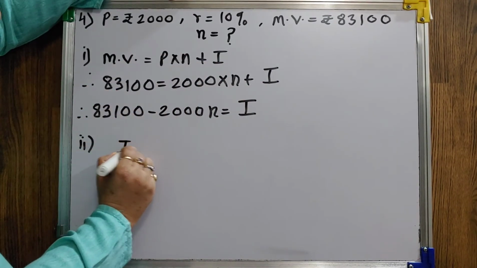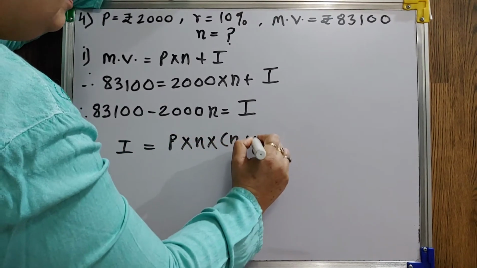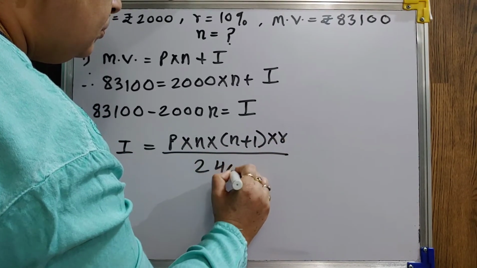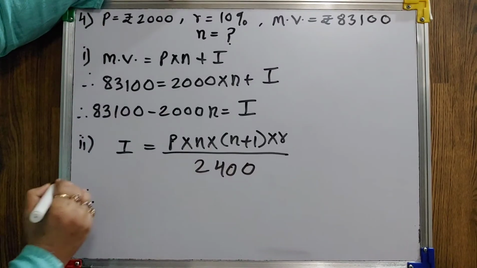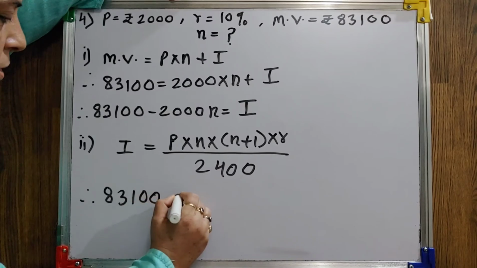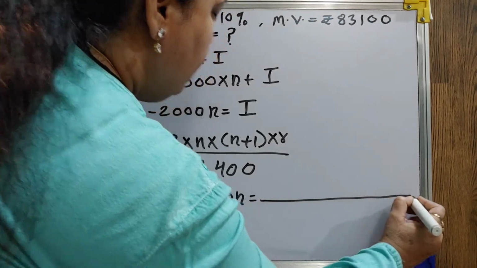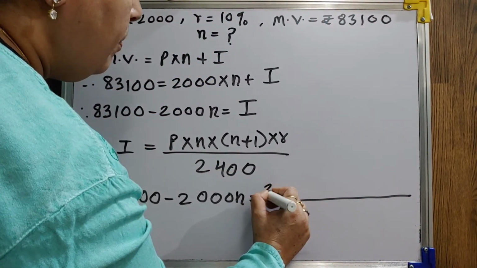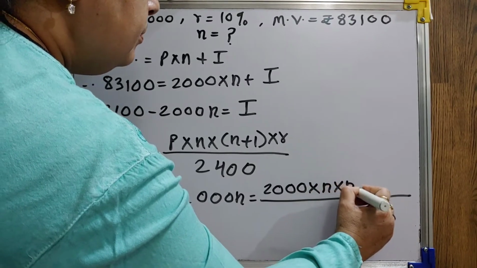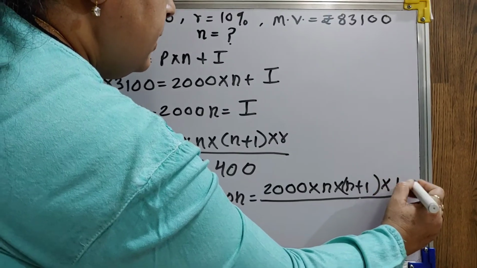Now I will apply the formula of interest. You know the formula. Same formula you have to apply. Now your interest is this. From the first equation, substitute the value. Your monthly installment is 2000 and we don't know N. R is 10%.